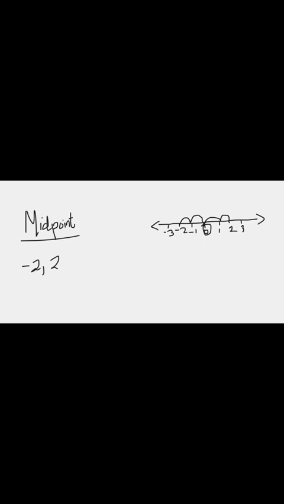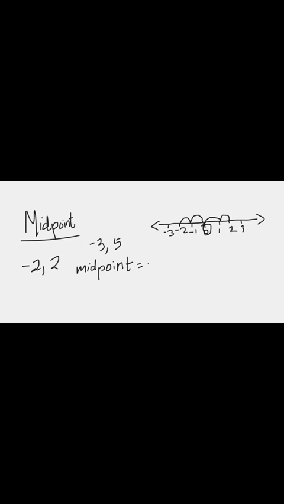But what if the numbers are very large? For that we have to use the equation, and the equation is very simple. For example, how can we find the midpoint of -3 and 5? We just need to add those two numbers and then divide by 2, or find half of it.